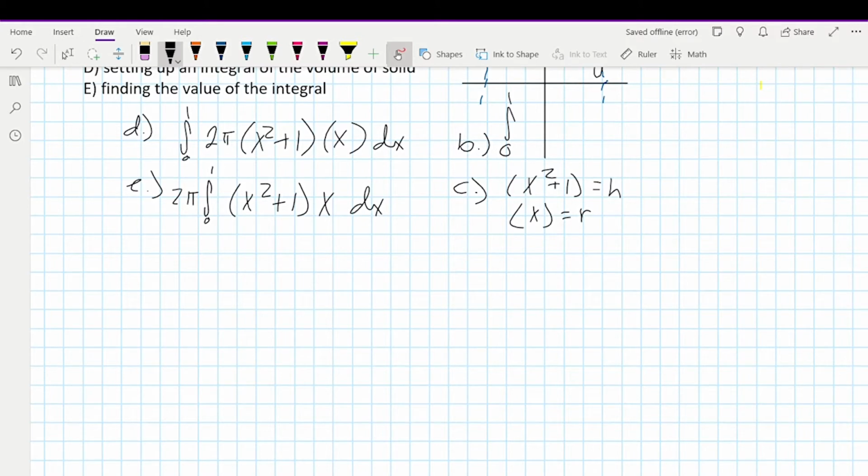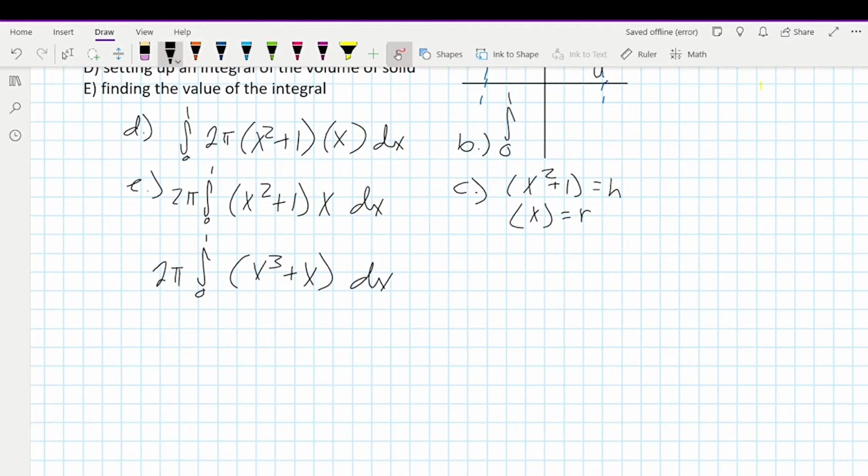Now from here, you're going to distribute your x, and you're going to get 2 pi, integral from 0 to 1, of x cubed plus x dx.